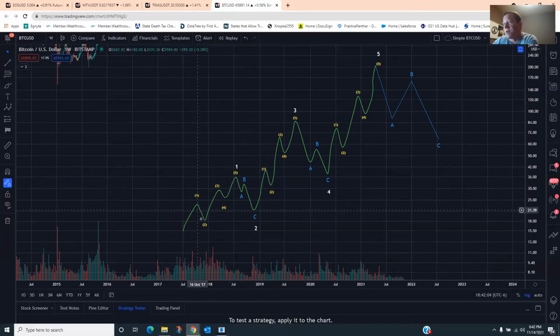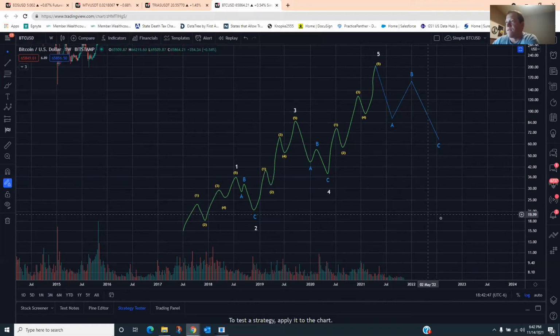A 1 up, a corrective 2 down, an impulse 3 up, a corrective 4 down, an impulse 5 up, and then that creates an entire 1, and then you have an A, B, C down to form your 2, and then the same thing for your 3, and then a corrective wave for your 4 up to your 5, which is another 5 wave structure, down to your last corrective wave ABC. So this is what Elliott Wave calls waves to a larger degree.